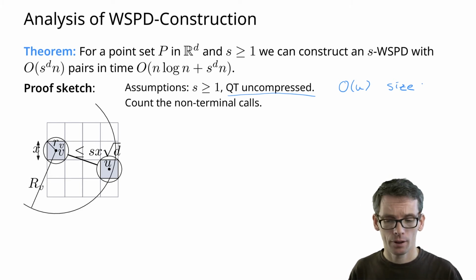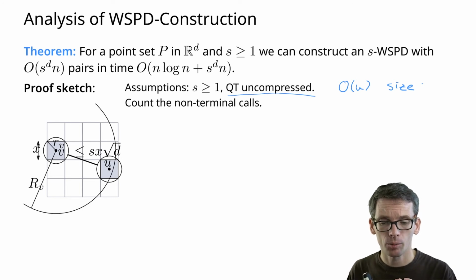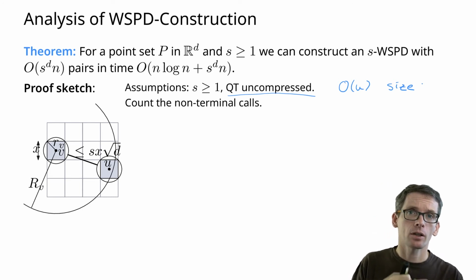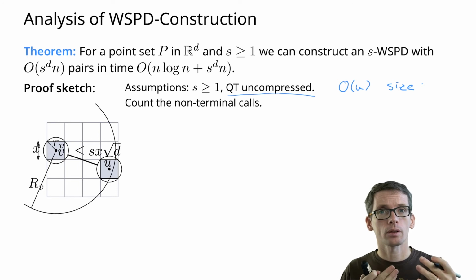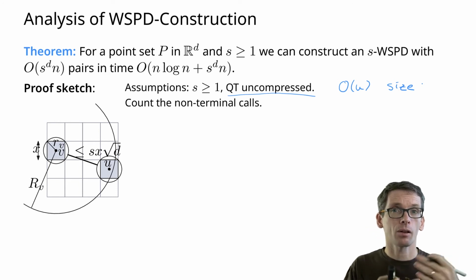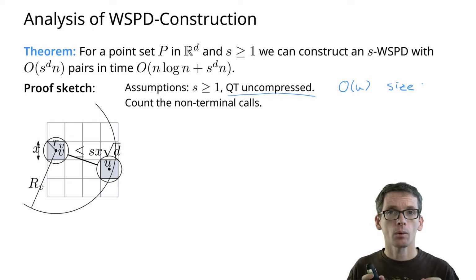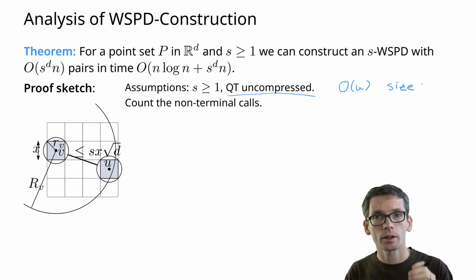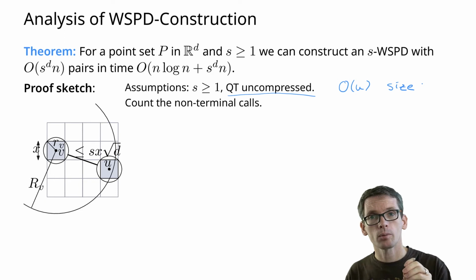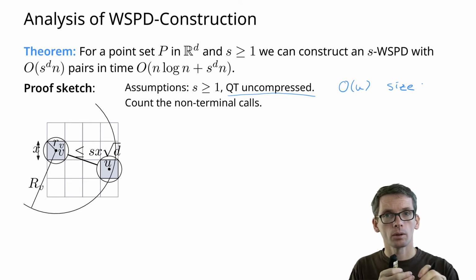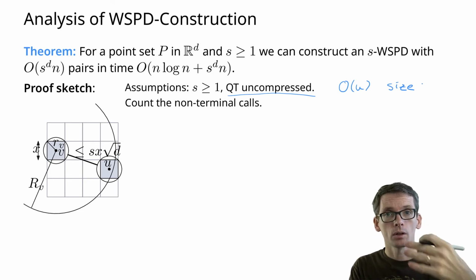That makes our life easier. So we want to bound the size of the decomposition. And the size essentially can be bounded by how often I recursively call the algorithm. What we're specifically going to count is how often in the algorithm I go into the recursion. So how often do I go into the else case?